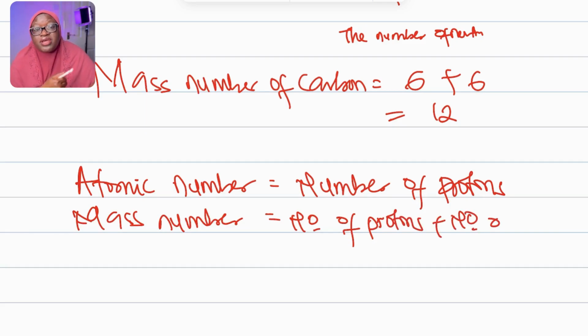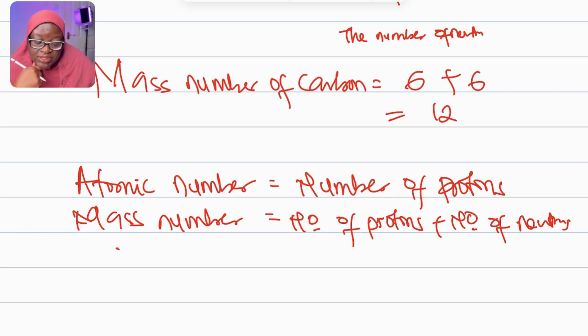So that means if you know the atomic number, you can find the number of neutrons. If you know the number of neutrons and the number of protons, you can find the mass number by using this formula. I hope you understand it now. Let's move on to the next one.